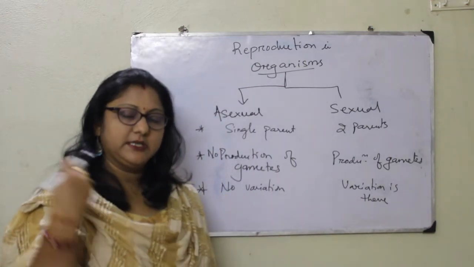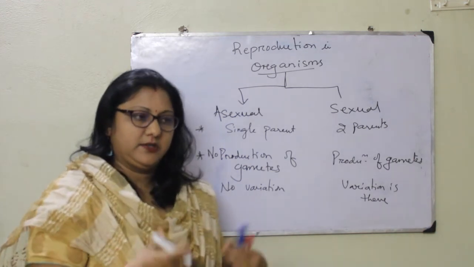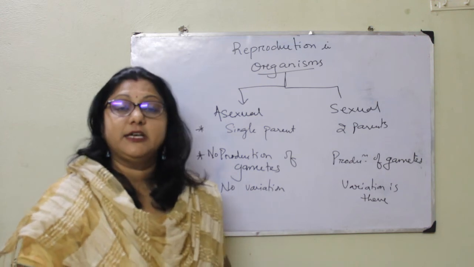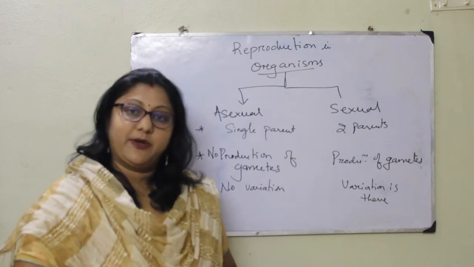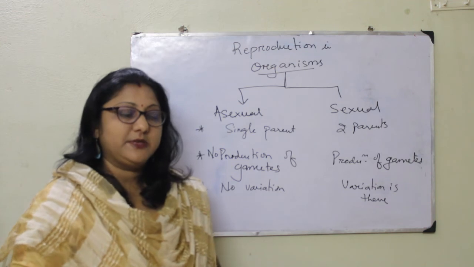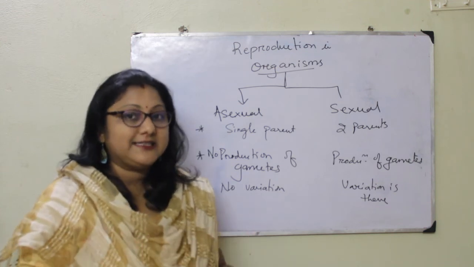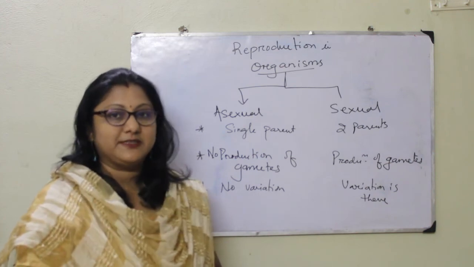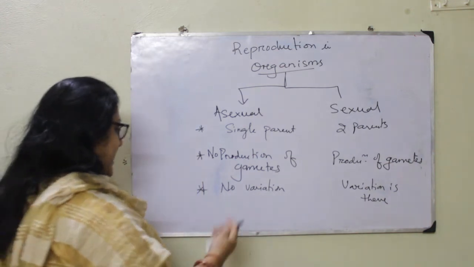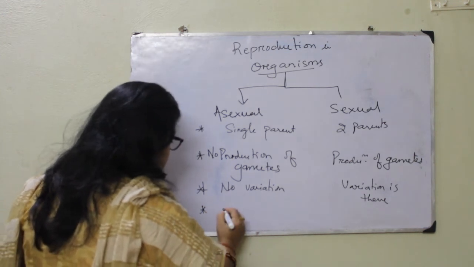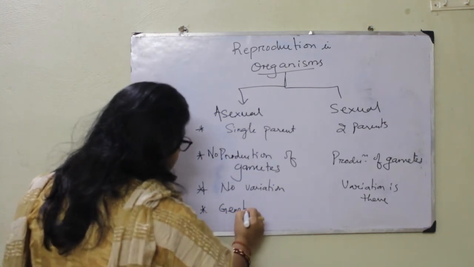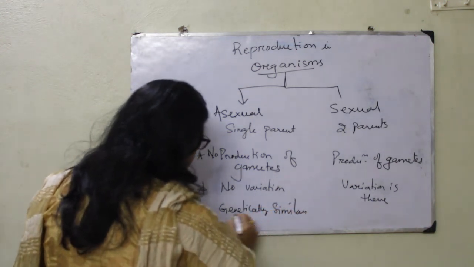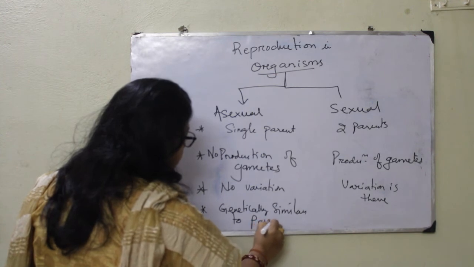No variation means the offspring, the baby which is born, or the new organism which is produced from the parent, is exactly similar to the parent. Clear? Exactly similar means they are genetically similar because the parent is one. So there is no difference. Clear? So no variation. And one more thing we can add here. These are genetically similar to the parent.